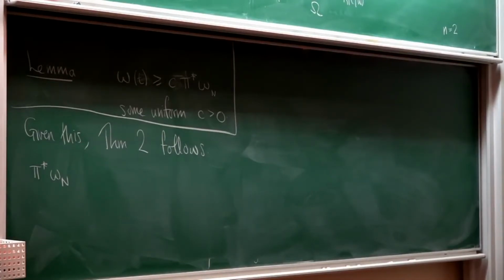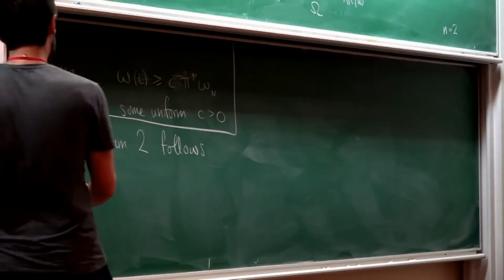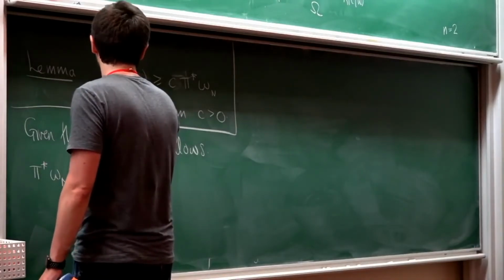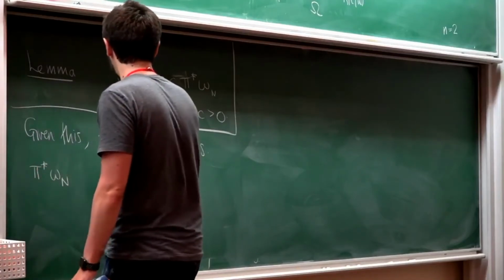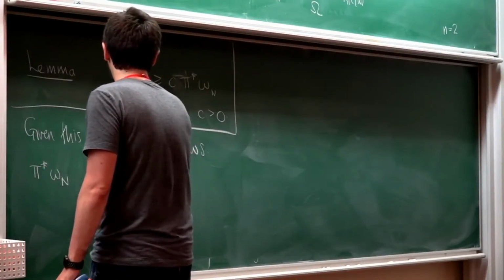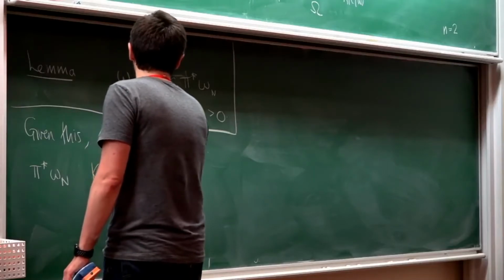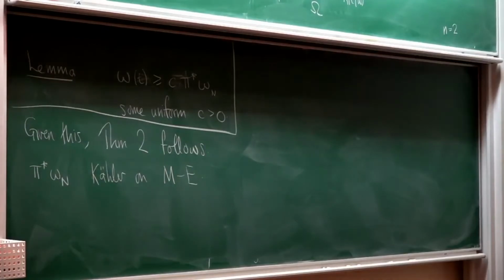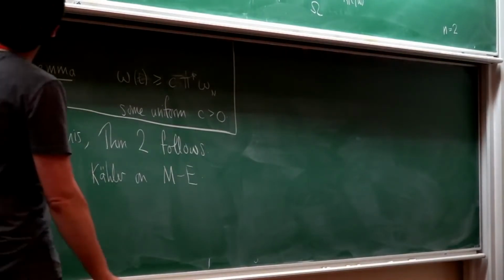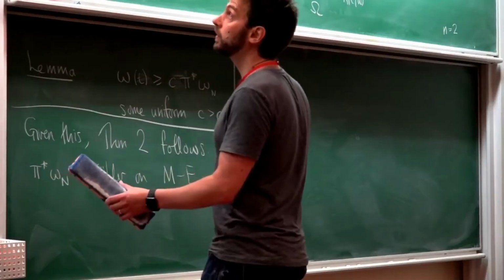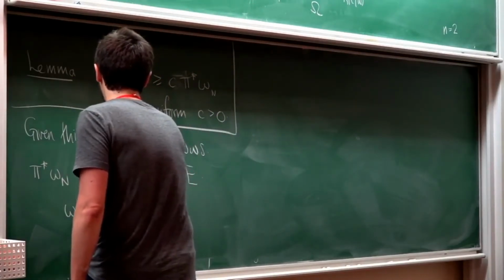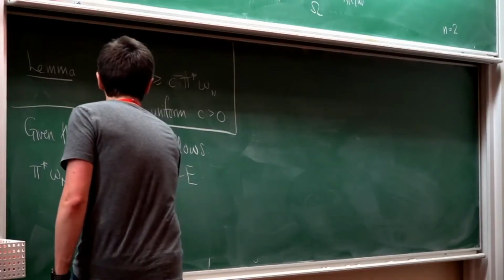So when you pull it back, this is a nice scalar metric on compact subsets away from E. So notice that this is a uniformly positive metric, a scalar metric on m minus E. Away from the exceptional curve, it is a scalar metric. And on the other hand, we know that omega n is bounded above by a constant times capital omega.